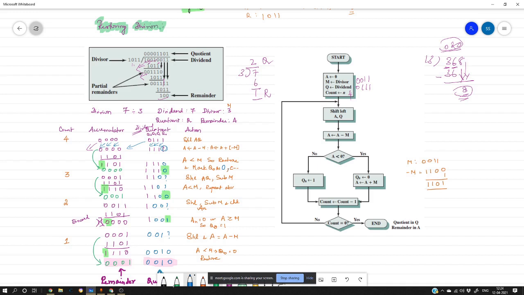What I'm doing here is trying to subtract the divisor. So I actually do a 2's complement subtraction. The divisor is 0, 0, 1, 1, which is there in M. To subtract, I just do A plus minus M, that is addition. So what is minus M? The 2's complement of M will be minus M. Find the 2's complement, you get 1101, isn't it? So I take this number and add.